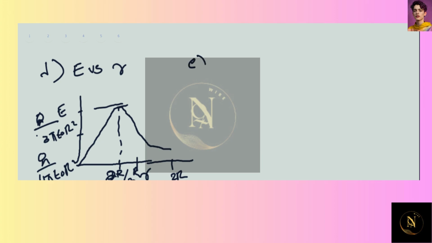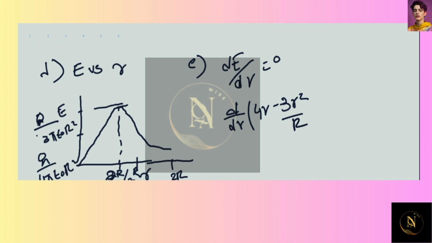Part E of the problem, where the electric field is a maximum, dE divided by dr is 0. Thus we can write d divided by dr of 4r minus 3r squared divided by capital R from the above equation is equal to 0. From here, solving for r, 4 minus 6r divided by R is equal to 0.